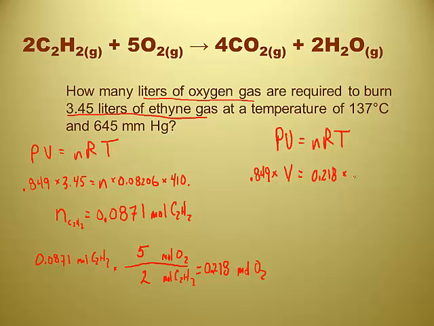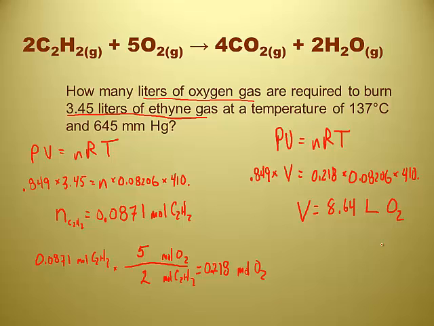Then 0.08206, my R, and my temperature is still 410. Now I do some algebra. I combine my like terms and divide by 0.849, and get 8.64 liters of O2, which has 3 sig figs.